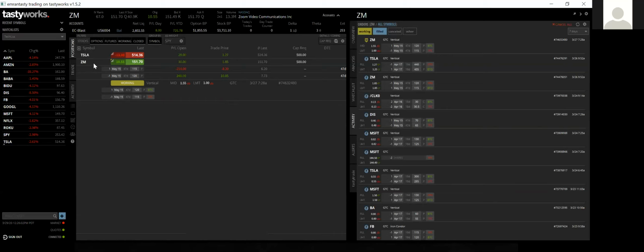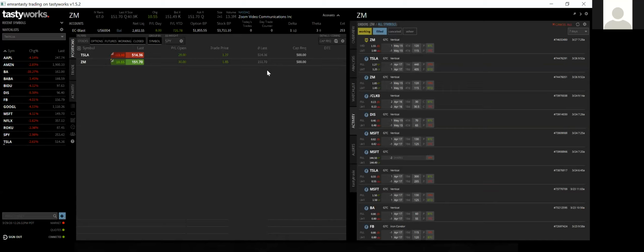The max earning I already earned. I already got $185, so that's the highest. Max loss potential is actually 500 minus 185, so $315, because you have already received that.